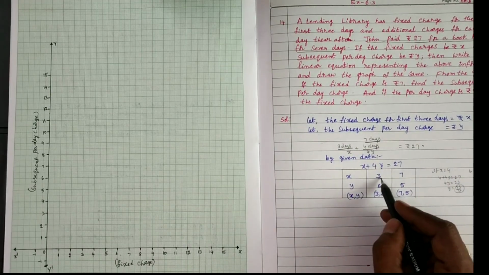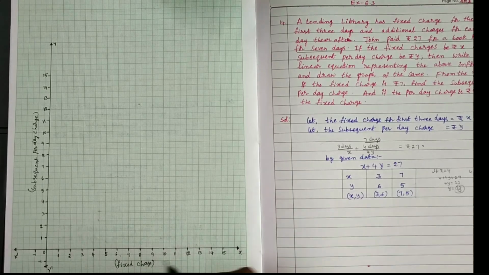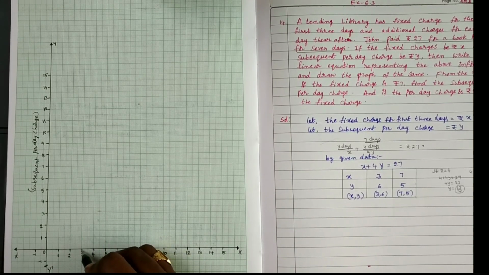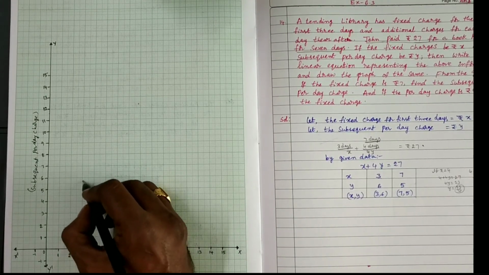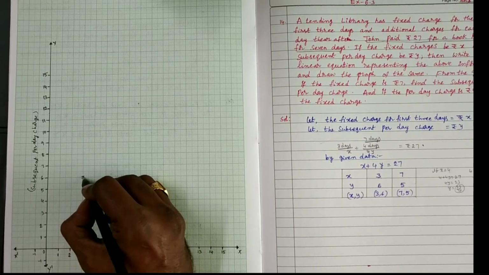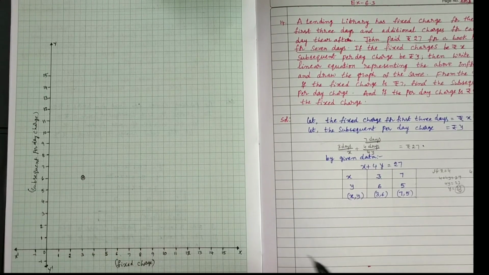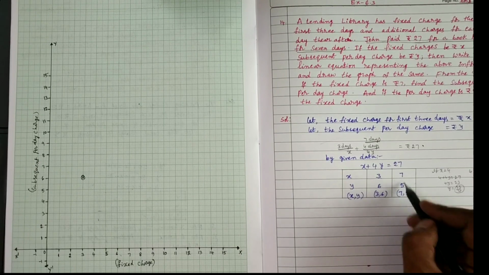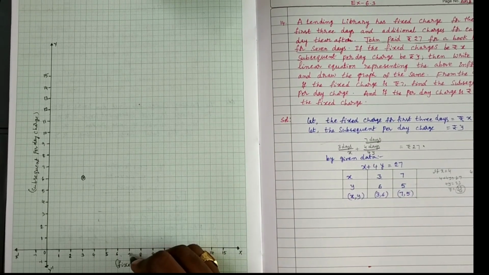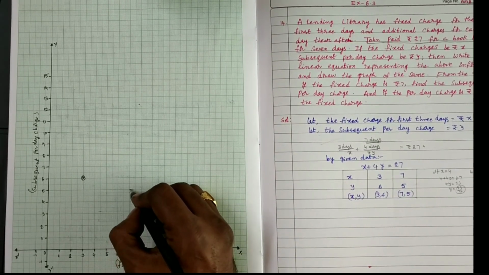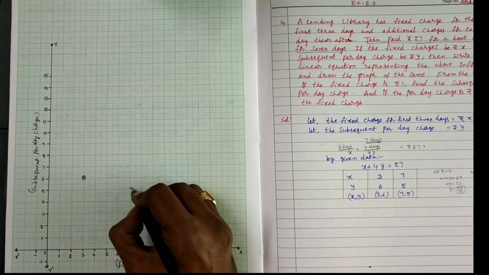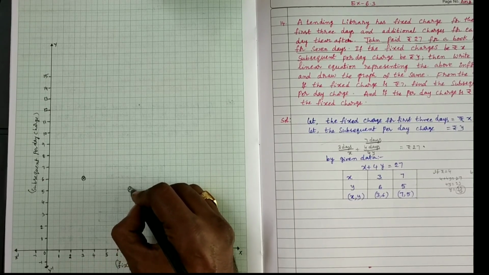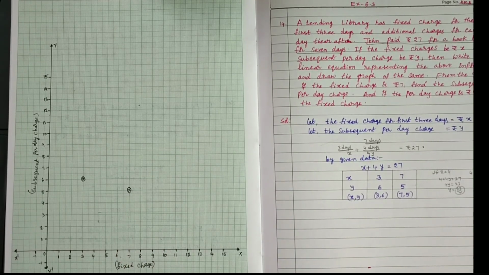The first point is 3, 6. When x is 3 and y is 6, this is the point. The second point is 7, 5, where x is 7 and y is 5. So this is the second point.